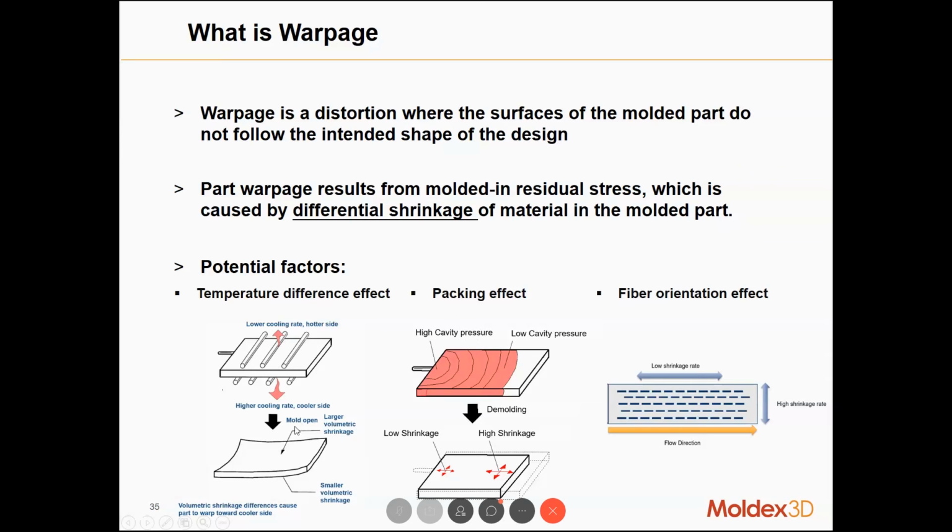And the other factor to cause the warpage is the pressure distribution on your part. If the part has imbalanced pressure, it will cause the warpage too. And for the fiber reinforced material, fiber orientation is also a potential factor to induce the warpage problem.